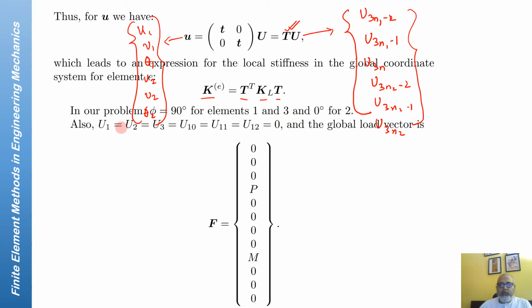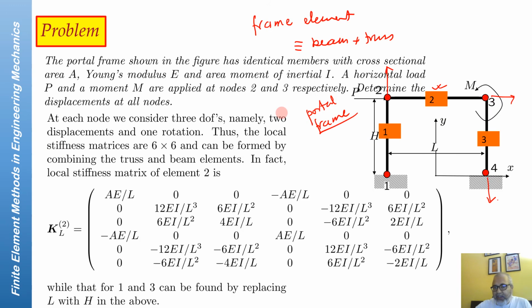Also, we will have u1, u2, u3, u10, u11 and u12 equal to 0, because these are all built in. So these are degrees of freedom 1, 2, 3, and these are degrees of freedom 12, 11 and 10. All these are set to 0.